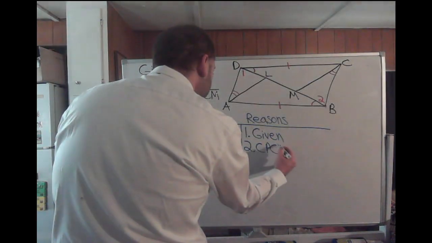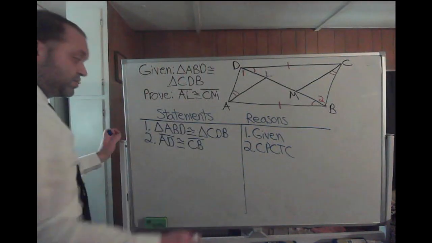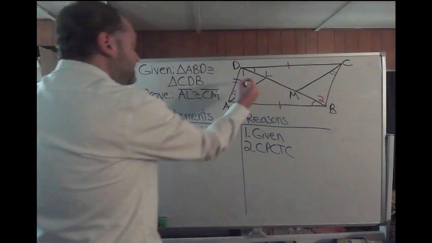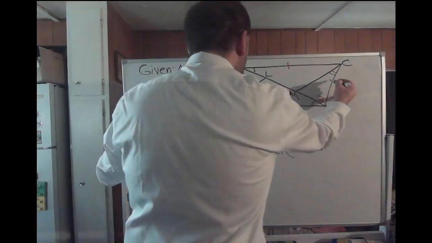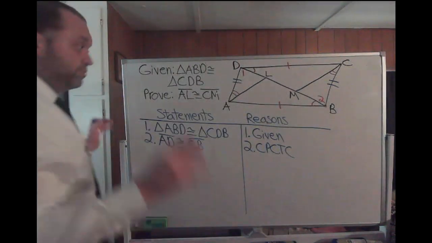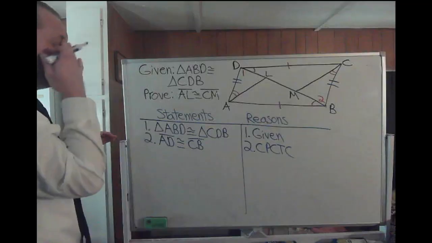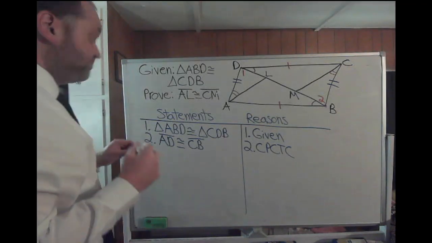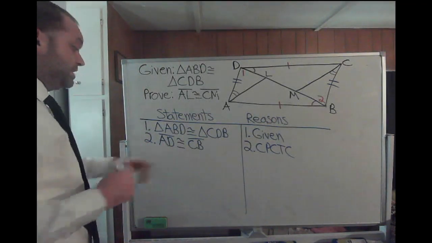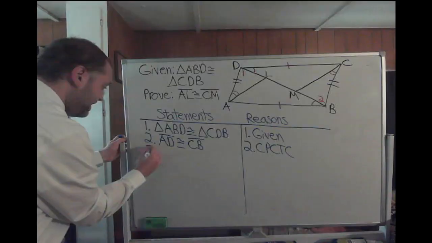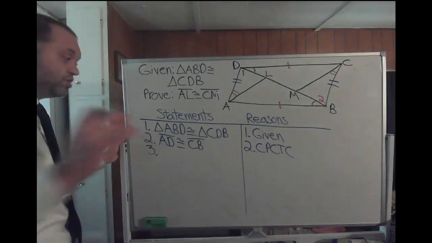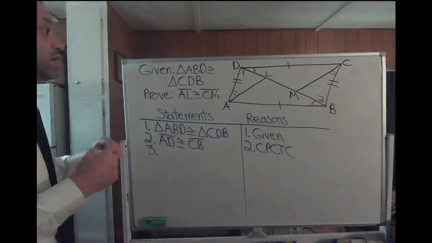So by corresponding parts of congruent triangles are congruent, you can say AD is congruent to CB. I placed the congruency markers there to give us a hand with that. There's another thing we can say. You could have combined these actually both into step 2, but I'm trying to really illustrate a point here.